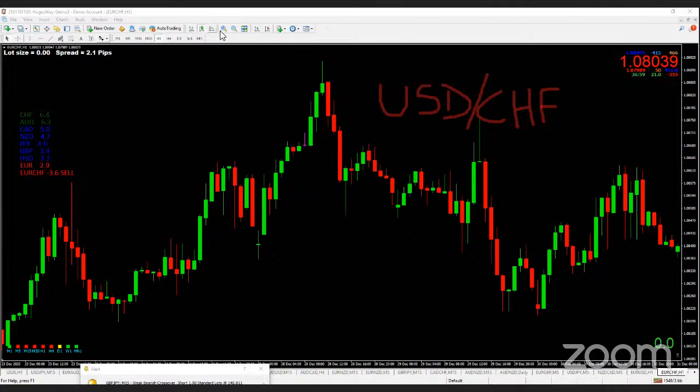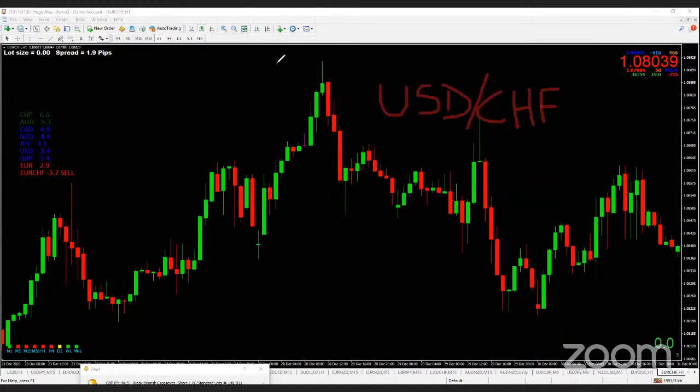So just like we had shown earlier on, it would thereby also mean that we have USD being the weaker one, that will be going down, and the CHF will be going up.